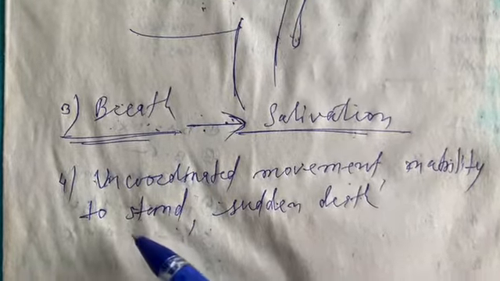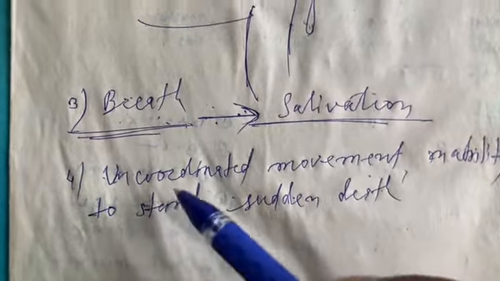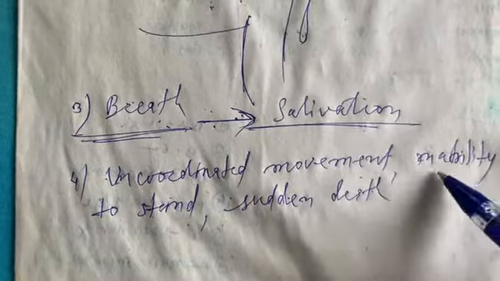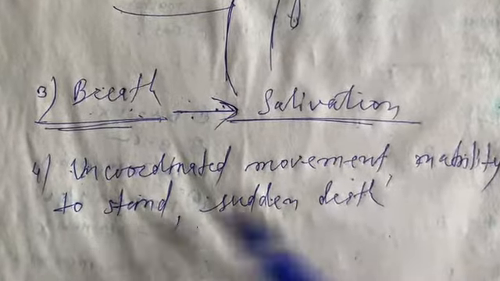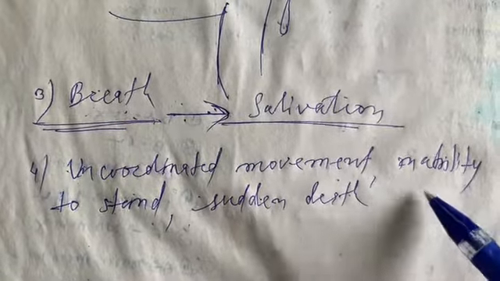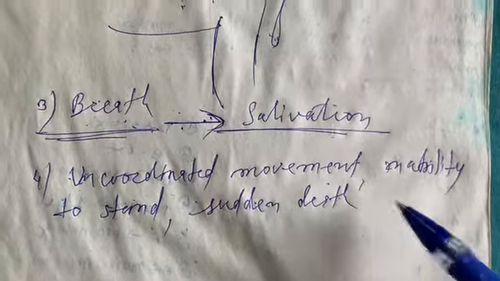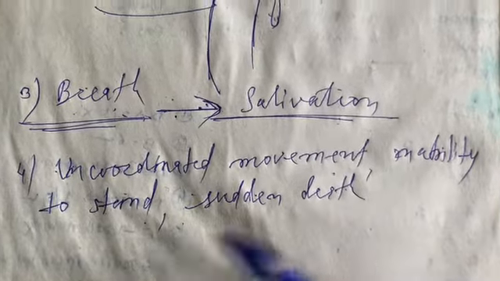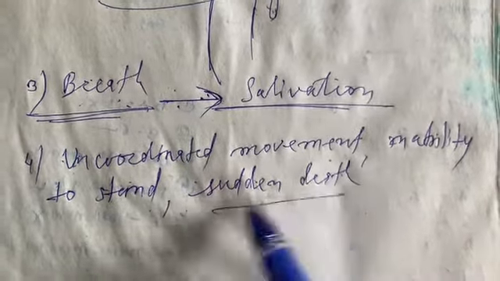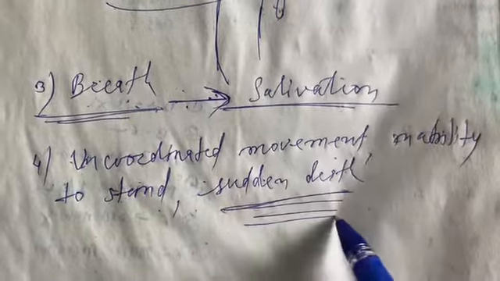The natural movements are not found in such animals, and the animal tries to sit. That is called inability to stand, meaning the animal finds difficulty in standing, and sudden death may occur. Okay.